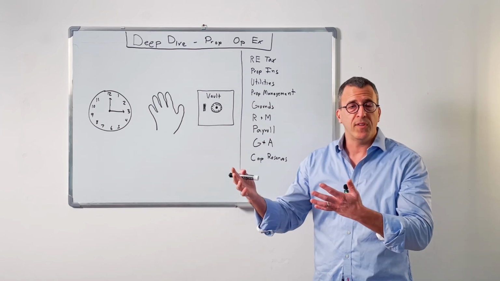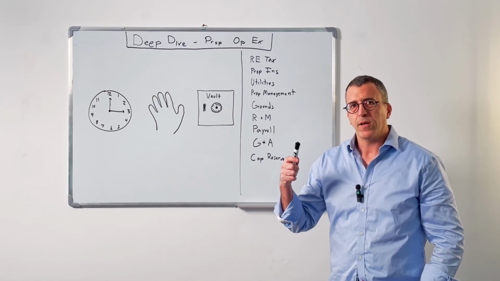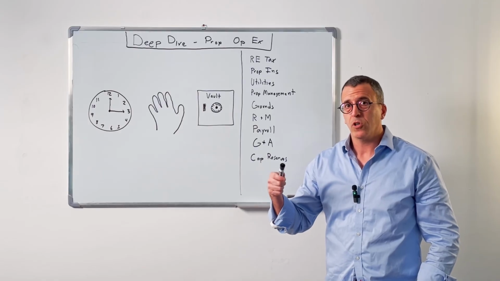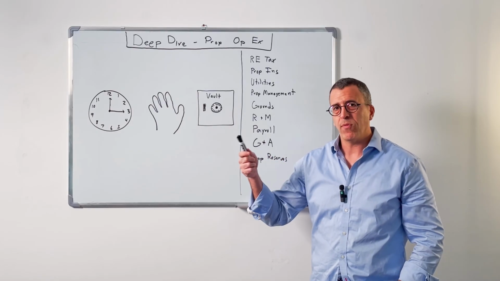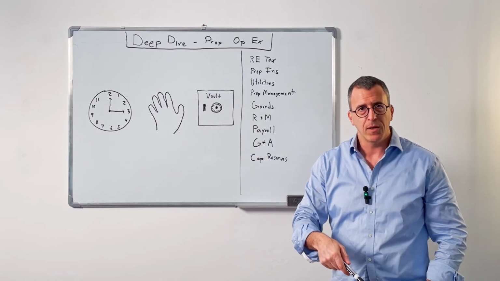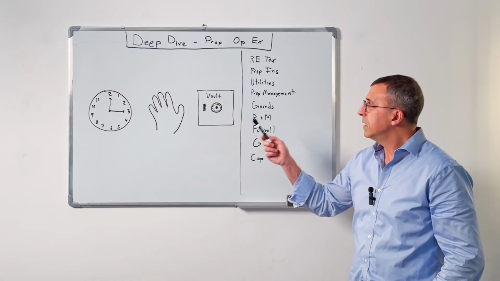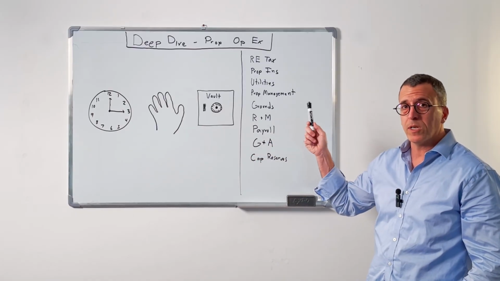Contrast that to the Northeast or the Midwest, right? Where in the winter you're going to have a lot of heating. Oil, could be oil, could be gas, could be electric heating. All that's going to be substantially increased in the winter and non-existent in the summer. So you need to be aware of different utility expenses based on the time of the year. Really important to be aware of that.